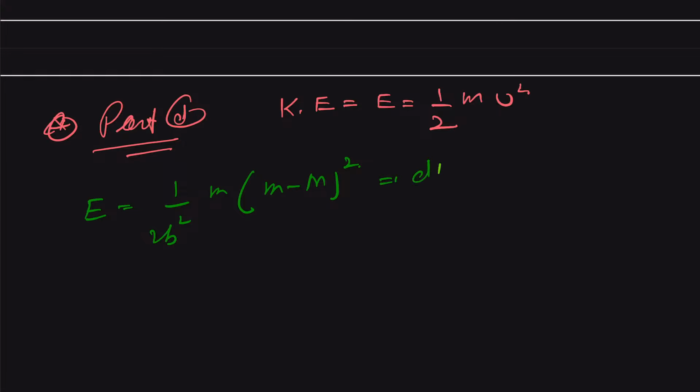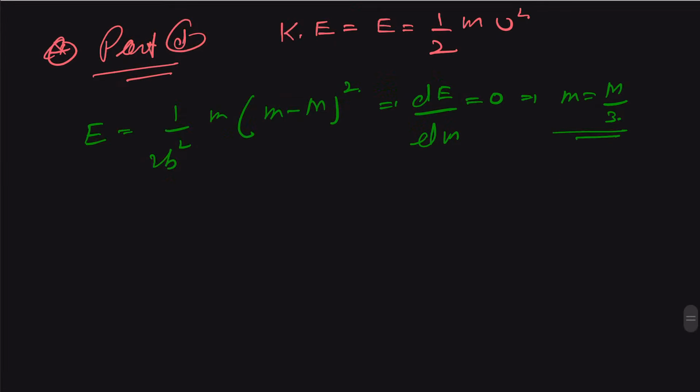We are going to differentiate it with respect to mass m and equate it to 0. So this gives us that our m is equal to capital M by 3. So maximum kinetic energy, E max, will be equal to 2M cube upon 27 b square. So this is our maximum kinetic energy.